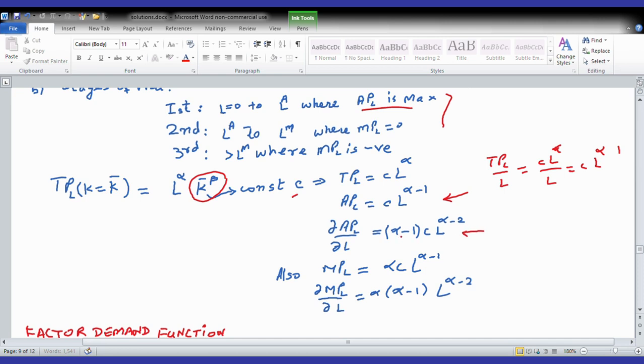If alpha is less than 1, and greater than 0, then this number will be less than 0, and if this derivative is less than 0, this means that average product of labor is continuously falling.